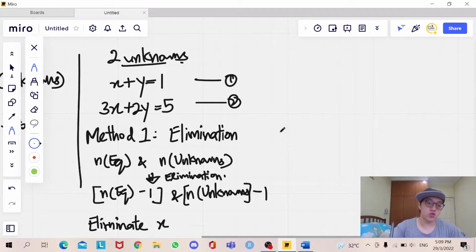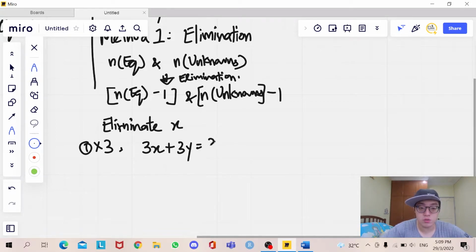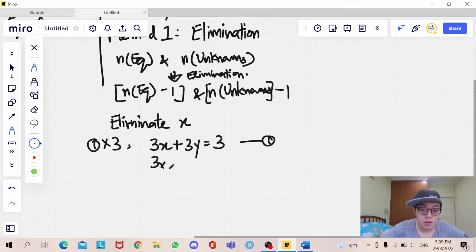So what you need to do is multiply 3 into equation number 1. If you multiply 3 into 1, you will get 3x plus 3y is equals to 3, and this becomes your equation number 1. The equation number 2 here is 3x plus 2y is equals to 5, and this is equation number 2.